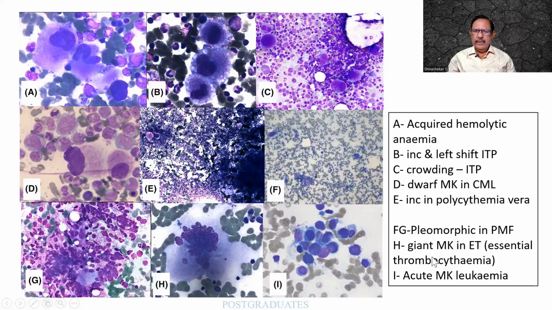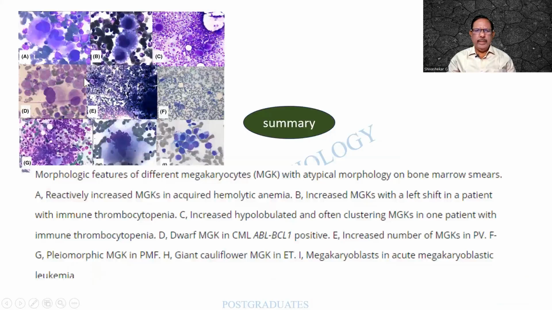Also, there can be the giant megakaryocyte in essential thrombocythemia and acute megakaryocytic leukemia. PMF, primary myelofibrosis. So these are the various conditions in which one can see this. It is a summary. I would like you to kindly follow this text.